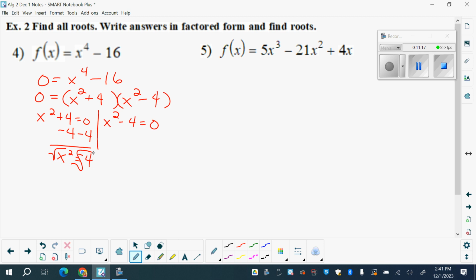So what would the square root of negative 4 be? 2i and negative 2i. I know, you have to pay attention to the details on this, huh? And we get x squared is 4. So 2 and negative 2.